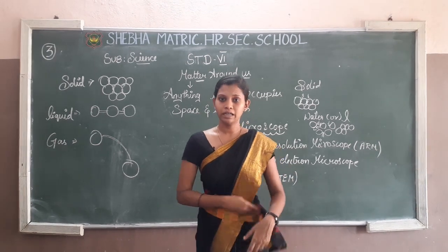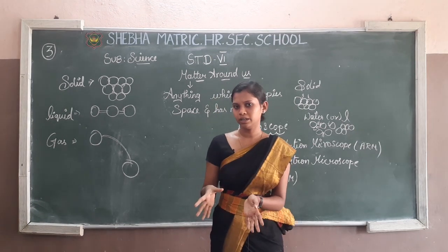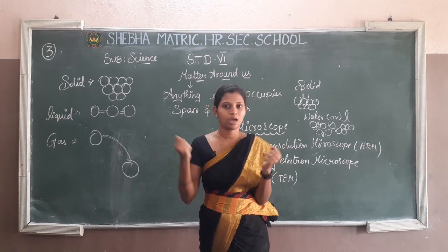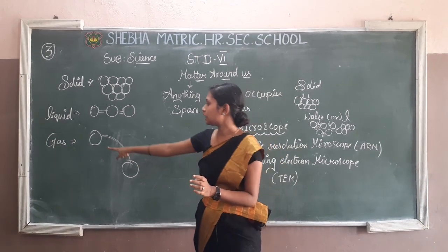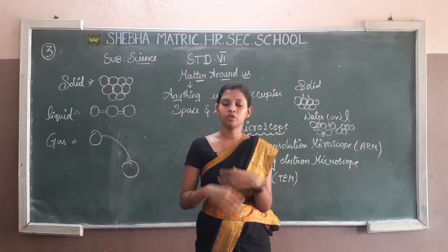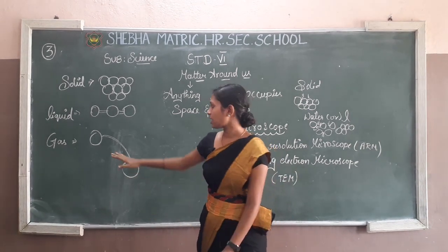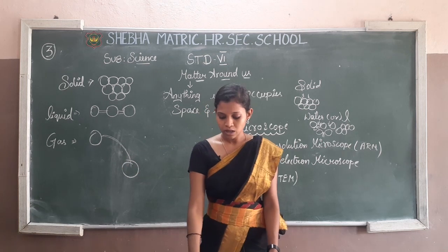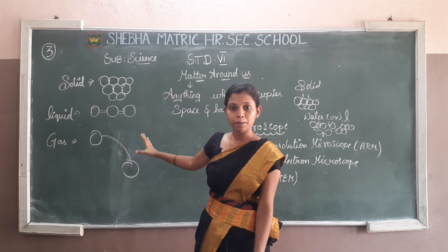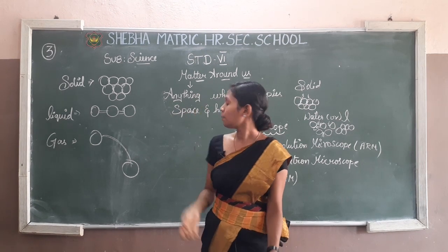There are many types of gas. In air we can't catch it with the hand, because it is loosely bonded and spreads everywhere. That is a gas. These are the 3 main types of matter: solid, liquid, gas.